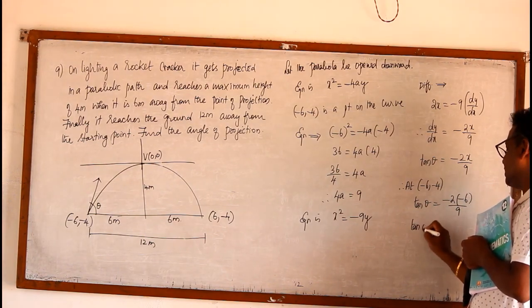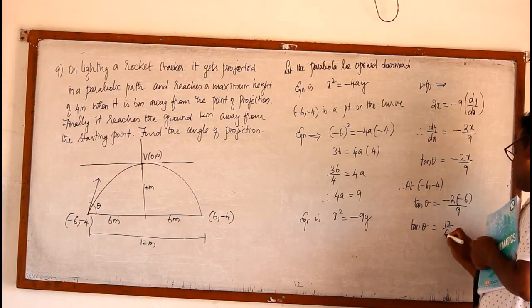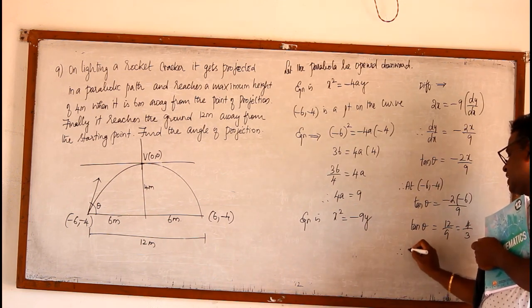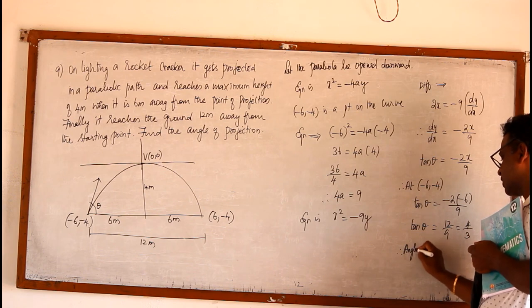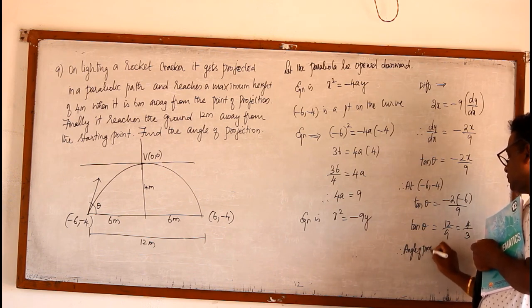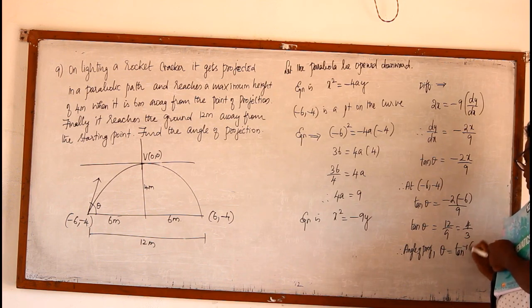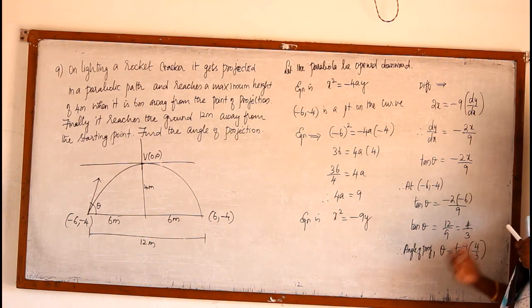So tan theta is 12 by 9. If I divide, is it 4 by 3? So from this, the angle of projection theta is tan inverse of 4 by 3. So, at the angle of tan inverse of 4 by 3, the cracker has been projected.